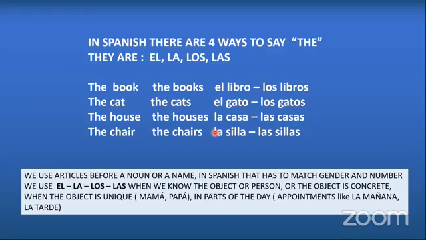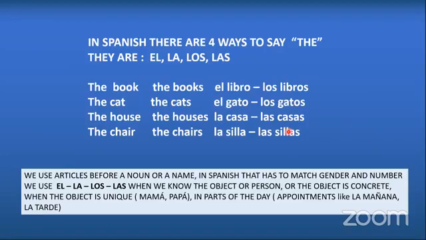I'm not going to put el silla. That is not gender and number correctly done, or paired. So la silla. If I have to make it plural, la has to become las, and silla has to become plural, las sillas. So I have matching in gender and in number.